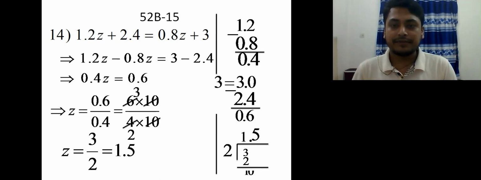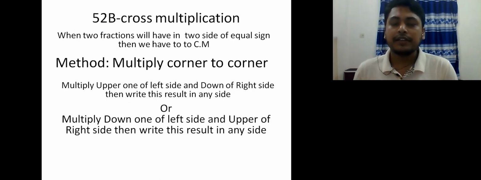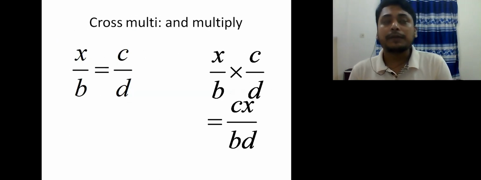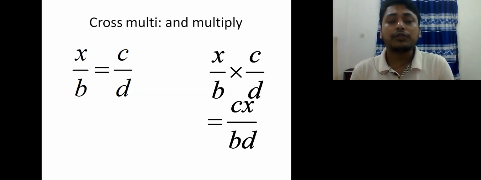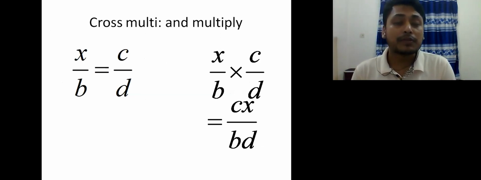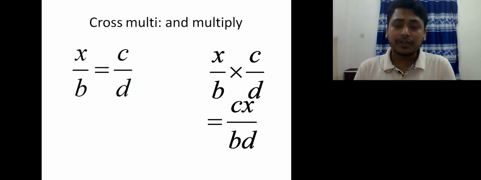See very nicely. Understand? Now I am going to number 15, and before that you have to know the cross multiplication system, which will help you next time. There is a difference between cross multiplication and normal multiplication. On the right-hand side you can see normal multiplication, which means you multiply the upper one and the down one.